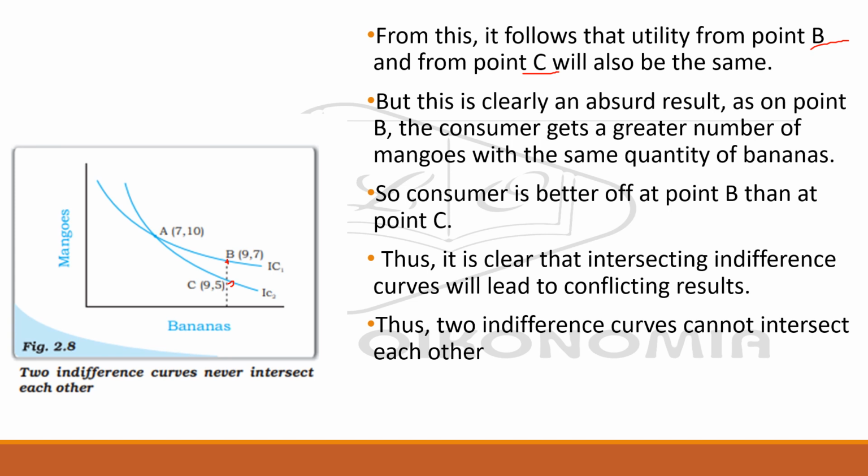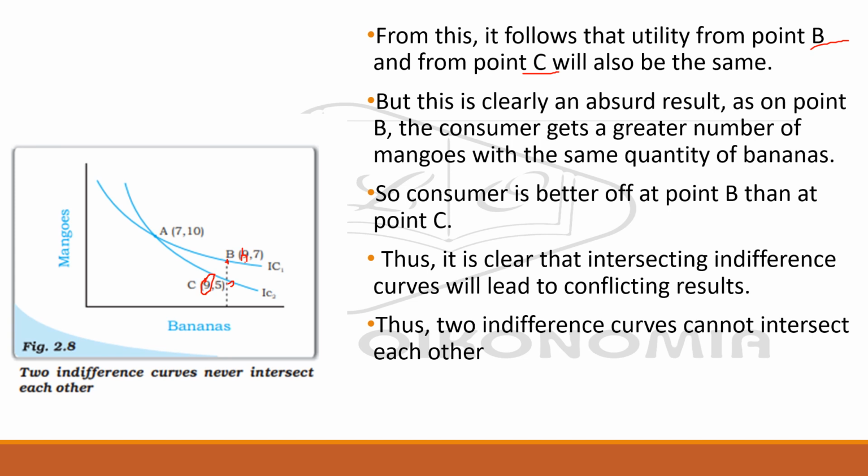In the case of B, the consumer gets a greater quantity of mangoes with the same quantity of bananas. Isn't it? But if he is at point C, he would be getting the same quantity of bananas but a lesser quantity of mangoes. Here you can see that the first good is 9, so there is no difference.